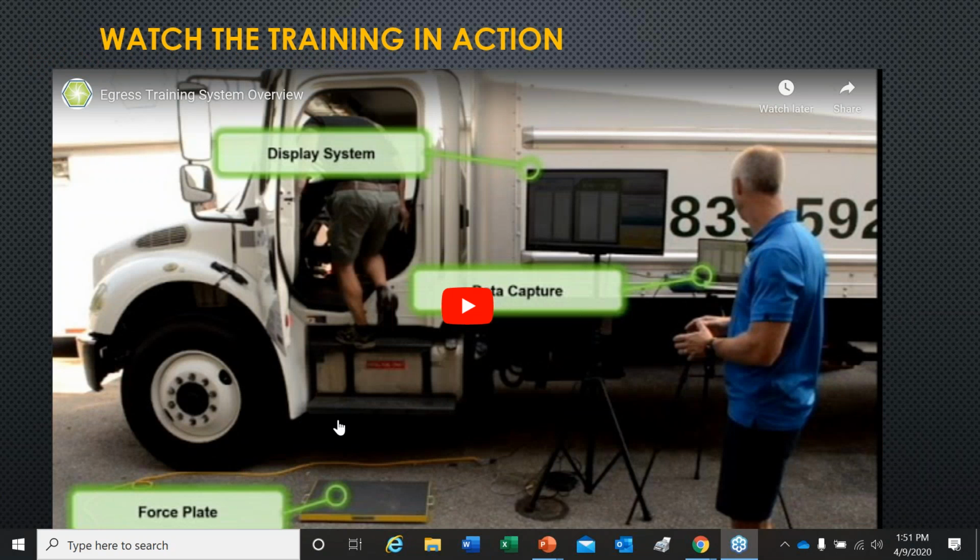So what I'm going to do here is I've got a training video, and I'm going to talk you through a little bit of this. And it's got the force plate down here. There's the data capture information, which is basically the computer. There's a TV screen here that they look at, and the driver gets in and out of a truck. And I'll start it now for you.